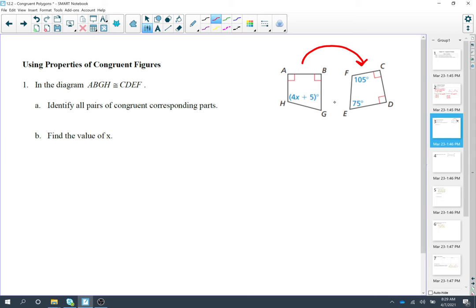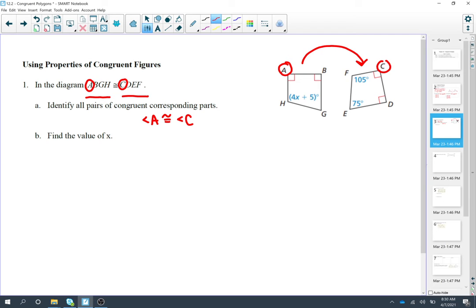Part A says, identify all pairs of congruent corresponding parts. So I know that angle A is congruent to angle C. There's two ways I know that. First of all, if I look at this figure rotating, that's where it's going to land. So angle A is going to line up with angle C. The other way I know that is by how this is listed. Do you notice that A and C are in the same position of the lettering?